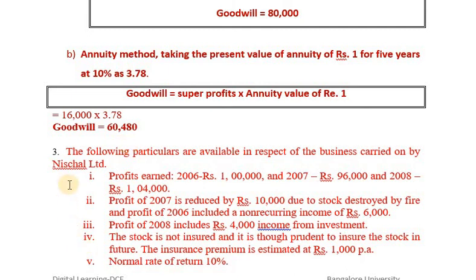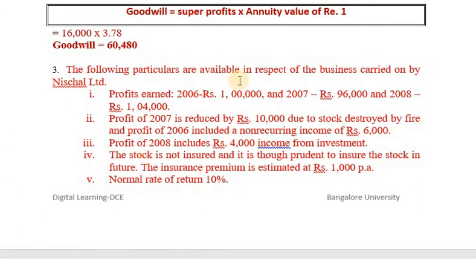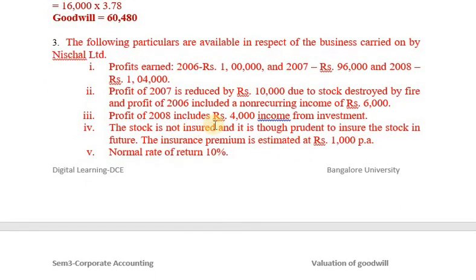Now let me concentrate on one more problem. The following particulars are available in respect of the business carried on by Nischal Limited. Profits: 2006, 1 lakh; 2007, 96,000; and 2008, rupees 1 lakh 4,000. Profit of 2007 is reduced by rupees 10,000 due to stock destroyed by fire, and profit of 2006 included a non-recurring income of rupees 6,000. Profit of 2008 includes rupees 4,000 income from investment.